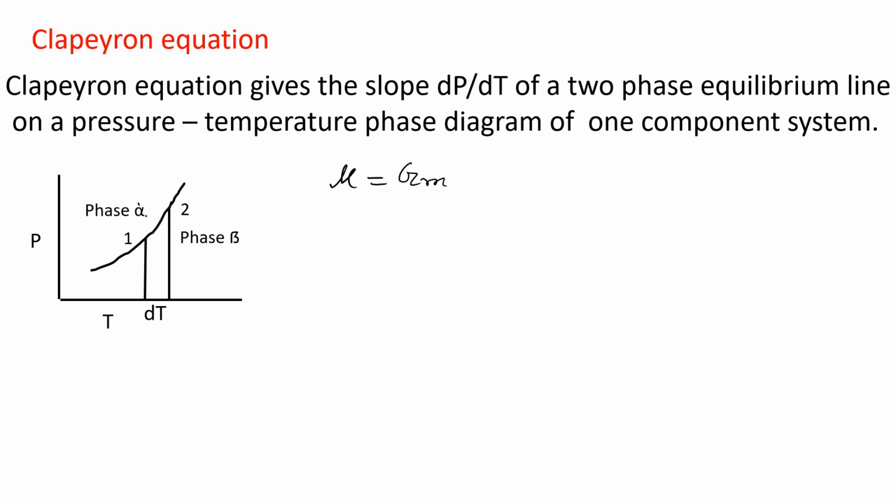So here these two phases are in equilibrium. This line indicates the equilibrium. That indicates that chemical potential of the substance in alpha phase must be equal to the beta phase. That means mu alpha is equal to mu beta. And just now I have told that mu is equal to Gm. That means what can I write? Gm alpha phase is equal to Gm beta phase.